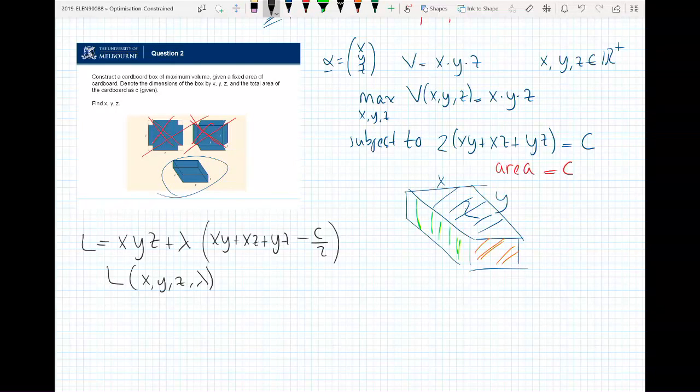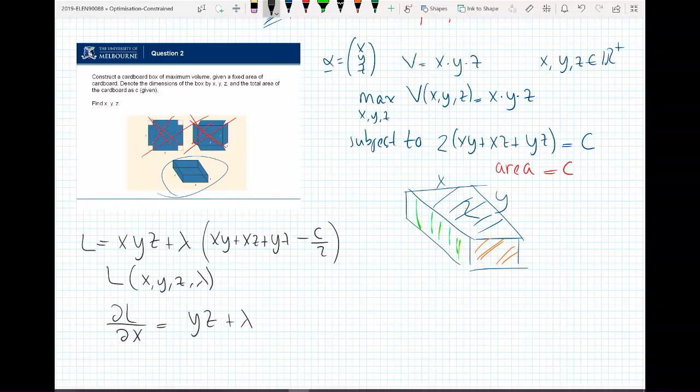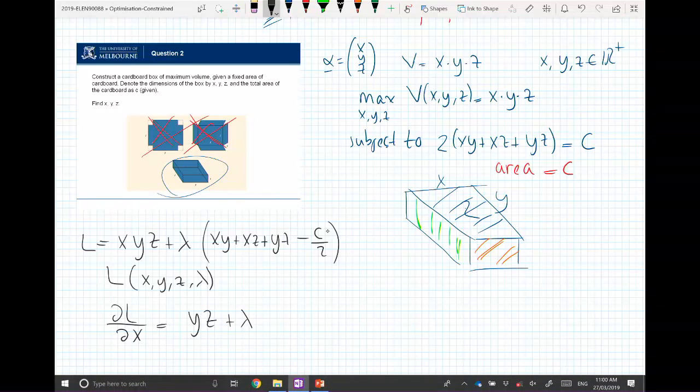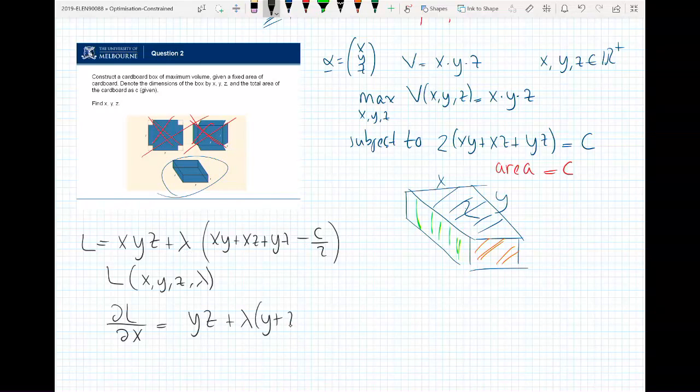Taking the derivative of L with respect to x will be yz plus lambda times, this c over 2 doesn't matter here, so you get lambda times y plus z.